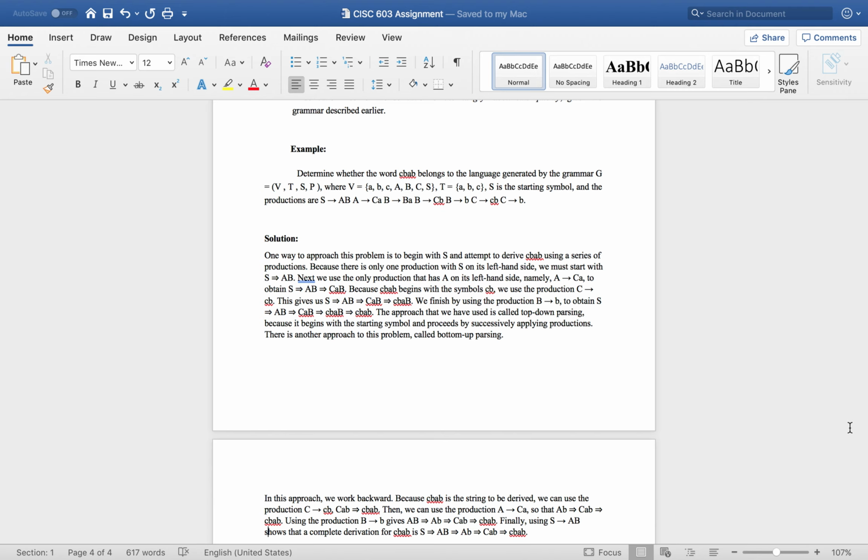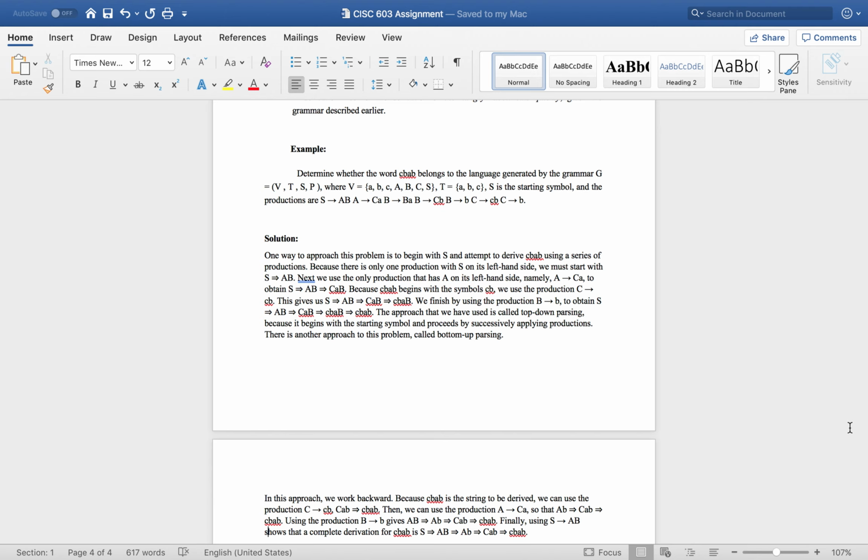This gives us AB, with A's value being CA, so we replace A with CA and it becomes CAB. Now again C's value is known as cb, so it comes to cbab. We finish by using the production B produces b. To obtain S, AB is equal to CAB, C is equal to cb, so cbAB, and B is small b, so everything is cbab.